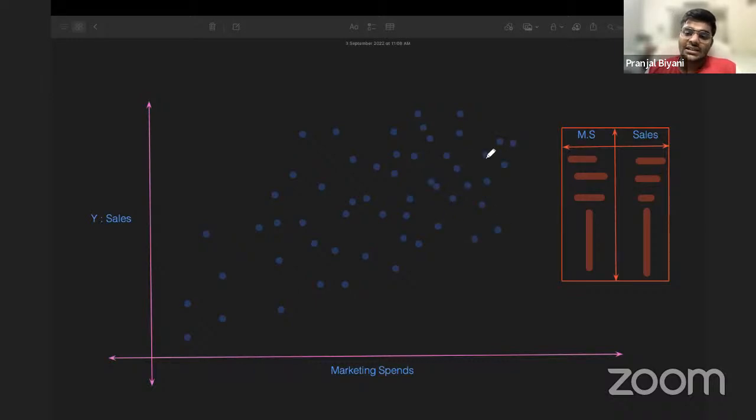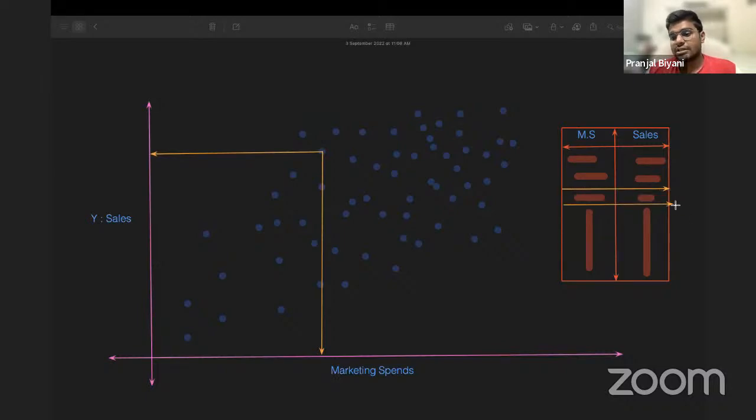When you look at this kind of scatter plot, what is a scatter? A scatter is a point on the 2-dimensional plane where, if I plot one on the x-axis, this will represent my marketing spends, and the corresponding y-axis value will represent the sales. So this is a point which acts as a row in this data.